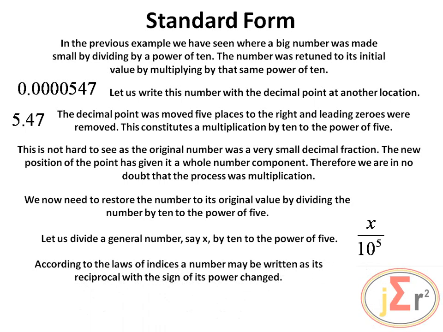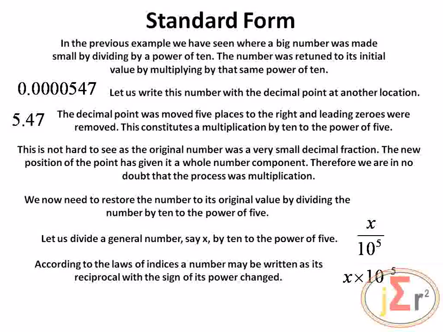According to the laws of indices, a number may be written as its reciprocal with the sign of the power changed. So when we have a number like this with 10 to the power of 5 in the denominator, that may be written as 10 to the power of negative 5 in the numerator. So that is what we have gathered from the laws of indices. If you are going to be forgetting the stuff that you learned before, it will come back and haunt you.